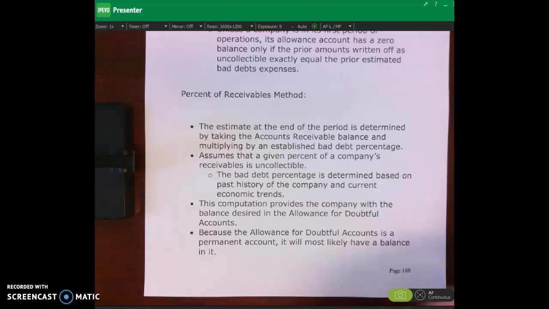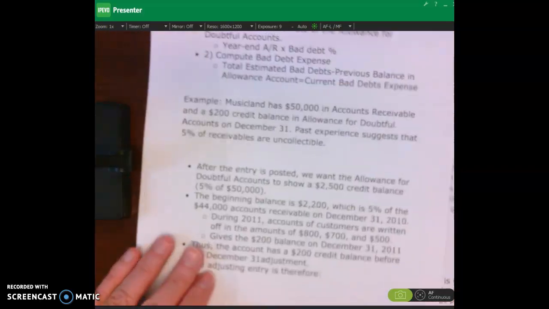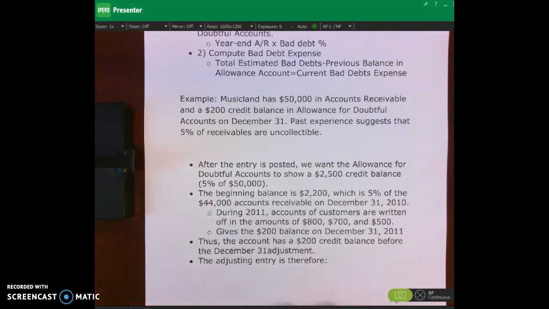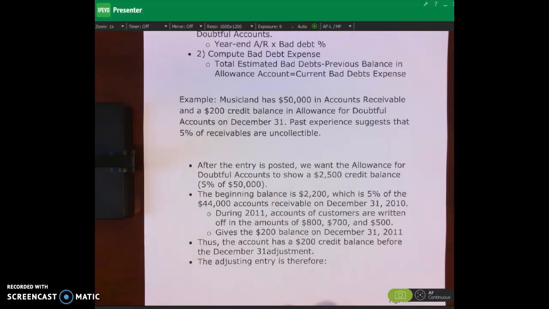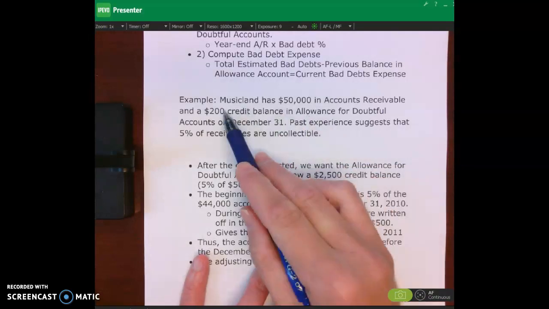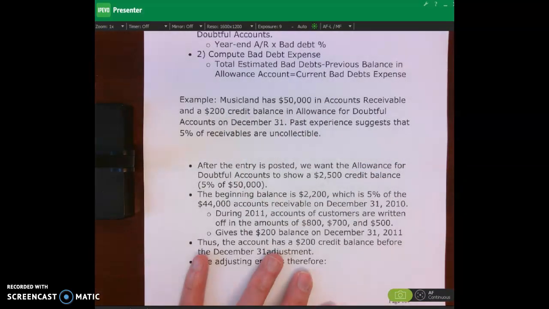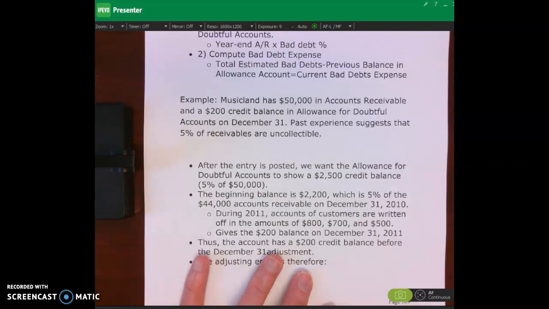So let's talk about that with our example right over here. Musicland has $50,000 in accounts receivable and a $200 credit balance in allowance for doubtful accounts. So this is what I mean. We have this $200 sitting in the allowance for doubtful accounts. Why do we have that? Because allowance for doubtful accounts is a permanent account. It already has dollars in there.